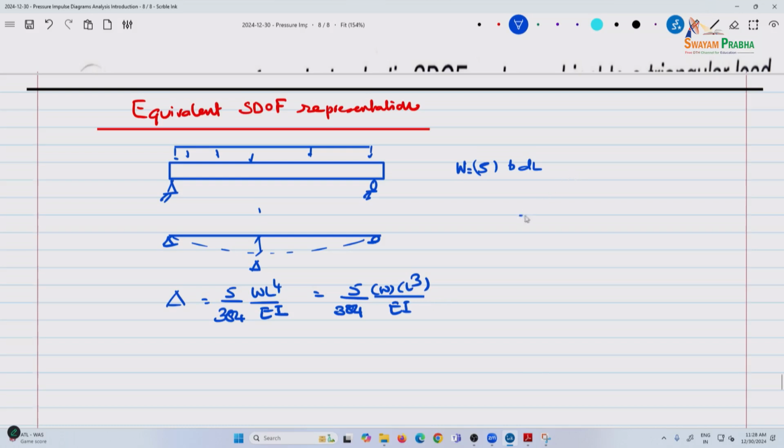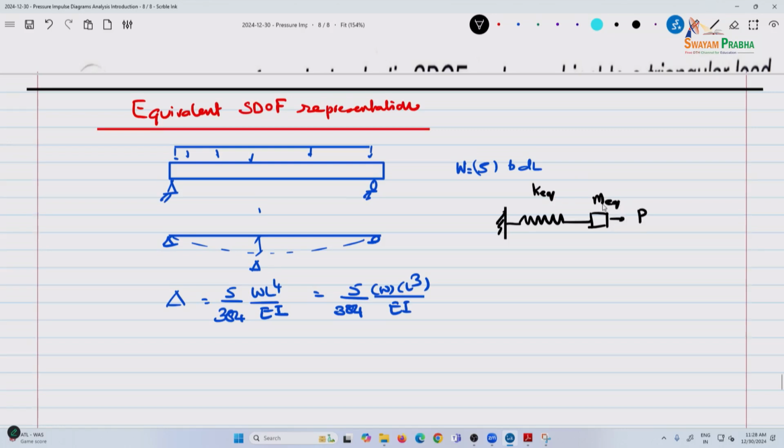And when we talk of an equivalent SDOF, we are looking to represent two things: the displacement of the system, and the mass. So we have K equivalent, the load P, and M equivalent.